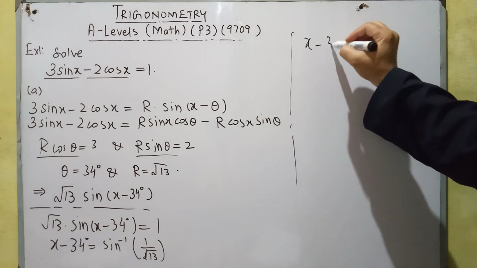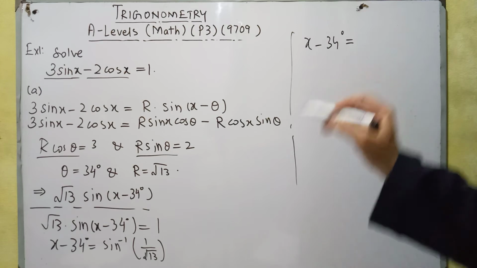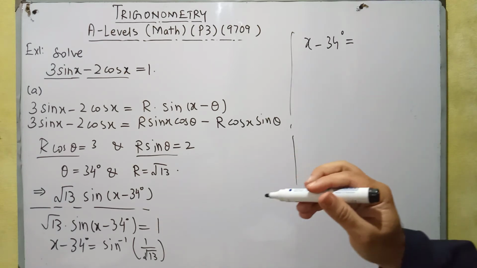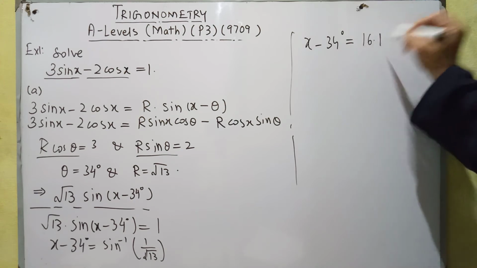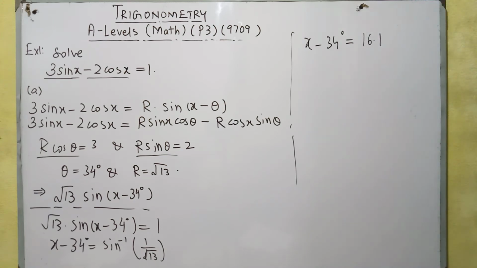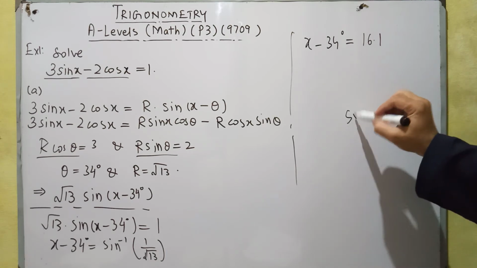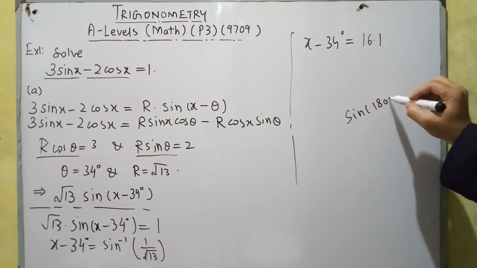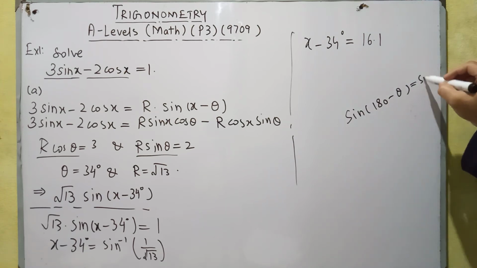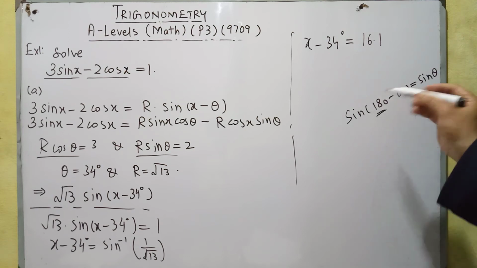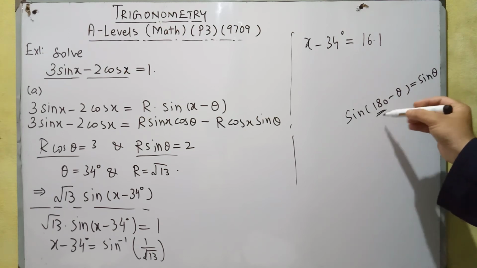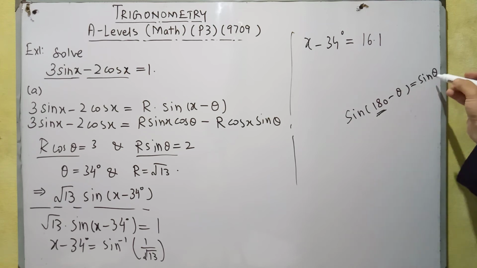x minus 34 is, if we take sine inverse of 1 over square root of 13, we will have 16.1. And we can see that sine (180 minus theta) is always equal to sine theta, because across 180 we will not have any change in the function, it will remain equal to sine theta.